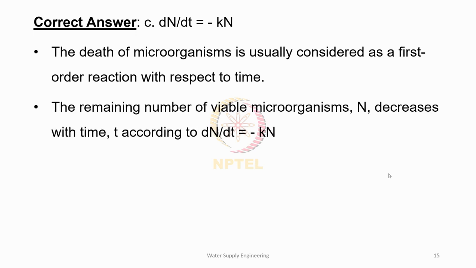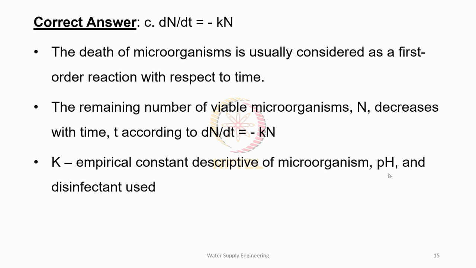The remaining number of viable microorganisms decreases with time, so definitely we'll have a negative sign in the equation. In this equation, k represents an empirical constant, which is a function of the type of microorganism, pH, as well as the disinfectant used.